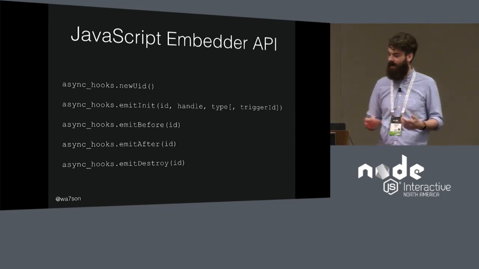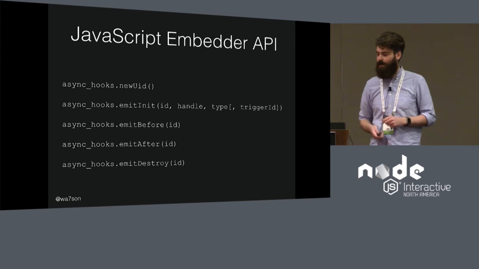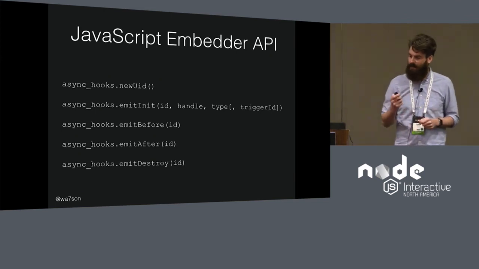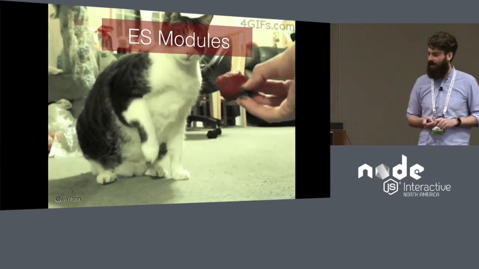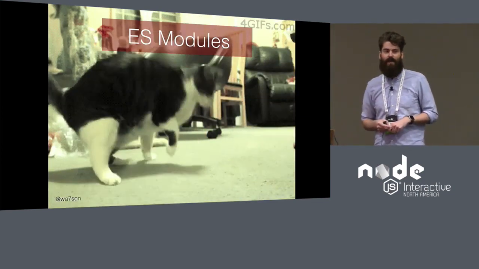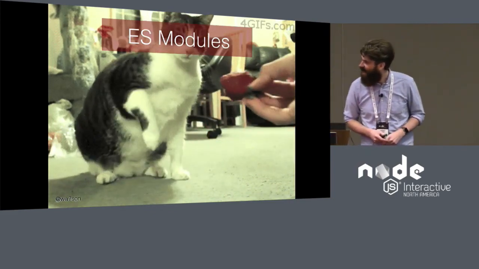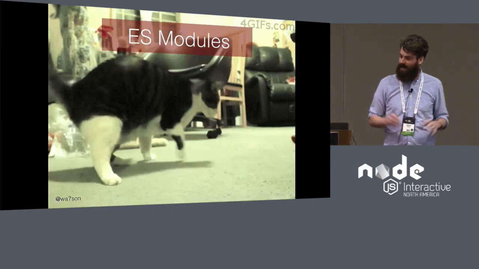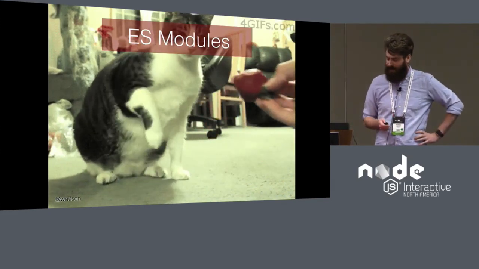You can emit the before, and so you can actually make Node emit these events if you're doing your own low-level stuff. ES modules is still up in the air, how that will work, but we're working with TC39 to solve that problem as well. It's hopefully being resolved.